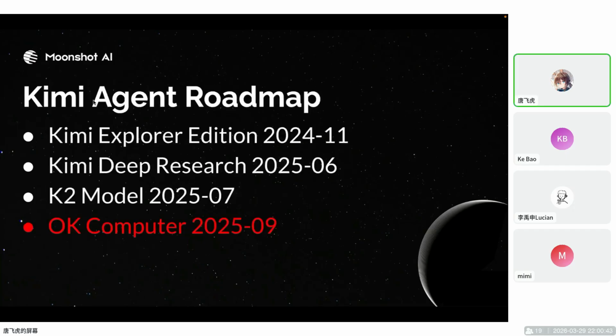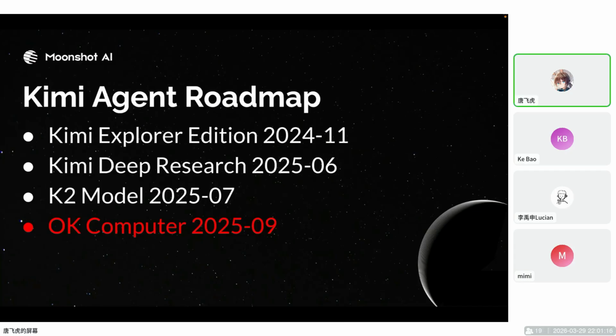And in Kimi, we also have an agent roadmap. We had the Kimi Explore edition about 2 years ago, and Kimi Deep Research 1 year ago, and we also have OK Computer about half a year ago. In OK Computer, all of the tools and the environment are in a sandbox system. You can use OK Computer to generate a website or slides and help you do lots of stuff.